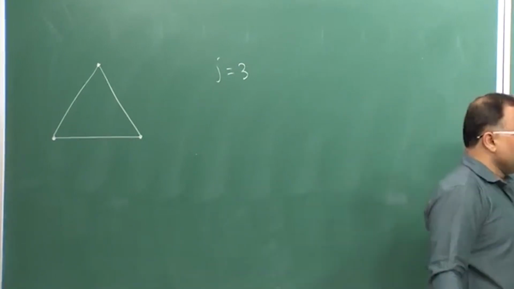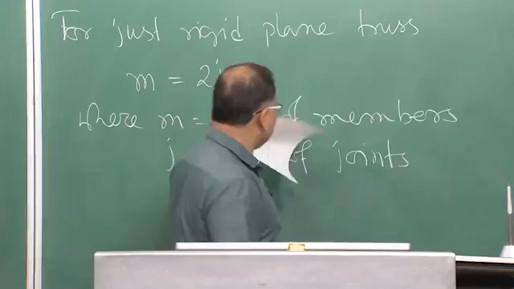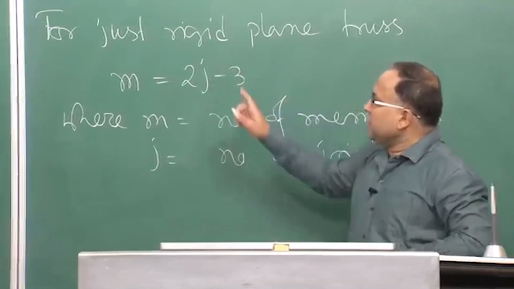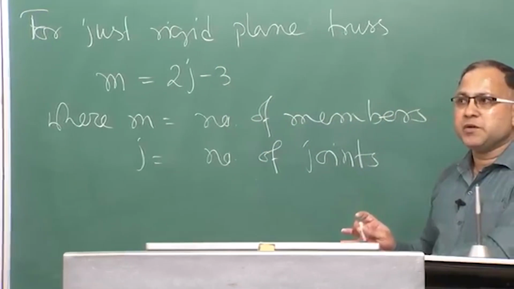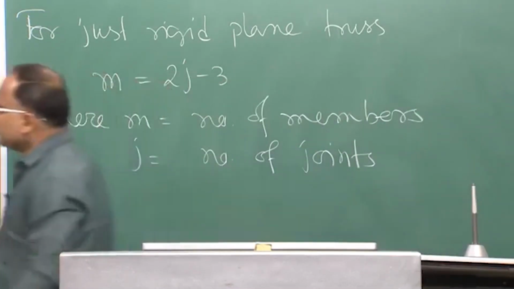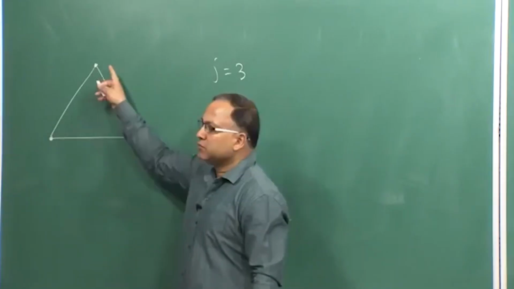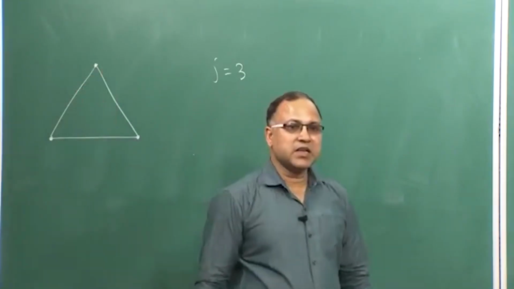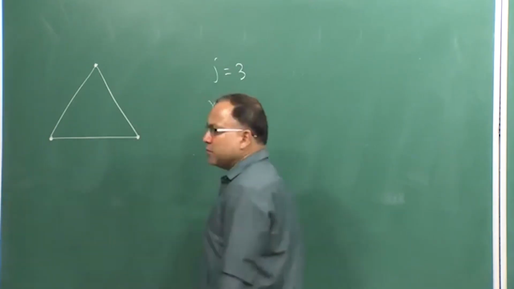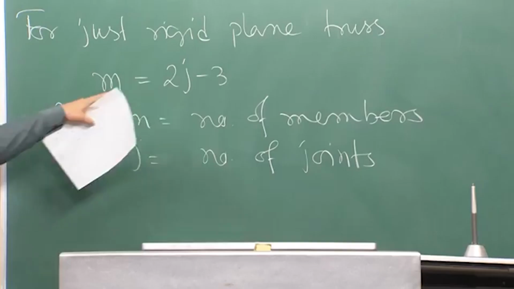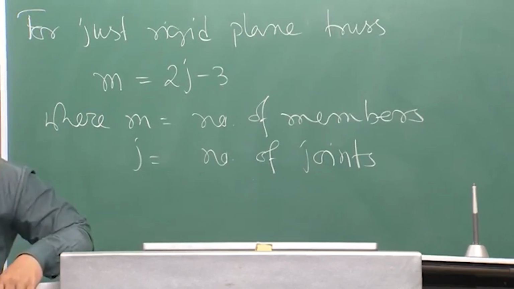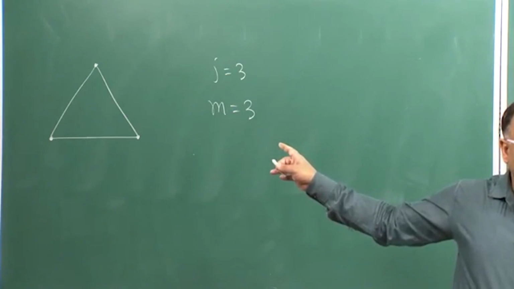So, from this equation, the number of members must be 3, right. In this triangular truss, m is also 3. So, it is satisfying the equation, therefore we can say this is the just rigid structure.